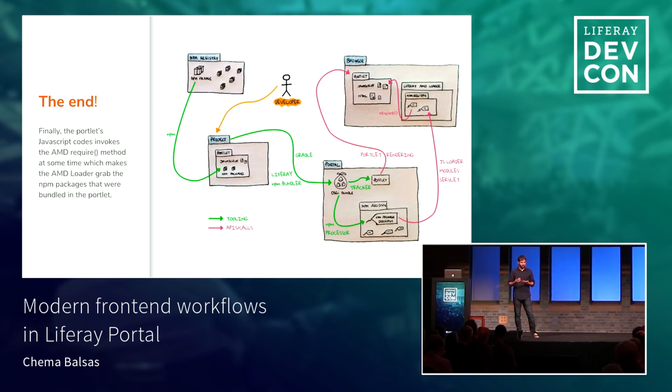And this is a very important distinction to what we had before, because it allows us to do things like, if two portlets are using the same version of React, we can make sure that they both just get the same one. It even helps us further. If two portlets are using different versions of React, but they are semantically versioning compatible, then they will both get the same one.